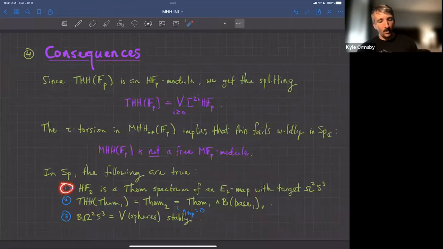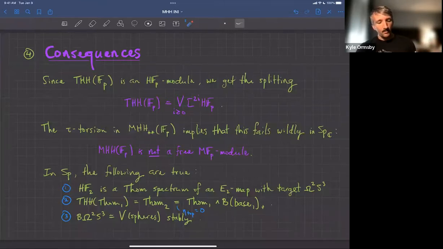First off, Hopkins and Mahowald showed that the F2 Eilenberg-Mac Lane spectrum is a Thom spectrum, in fact, of an E2 map whose target is BGL_1, the loops 2 S3. So that's interesting.